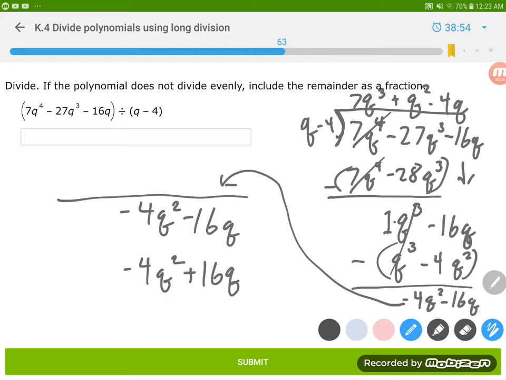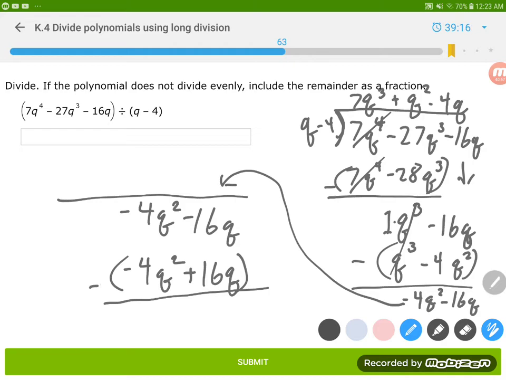Now, let me go ahead and just make sure I'm not making any kind of typo. I don't want to make a mistake on this. Okay. Yep, that looks good. So now be very careful, because it may be tempting to see a negative 16 and a positive 16 and want to cancel those out.